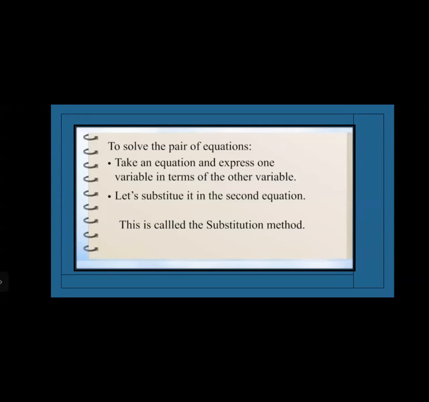So out of the two equations, you have to take any one equation and express one variable in terms of the other variable. That means out of the two equations, the first step is that you need to select any one equation, and then you have to check the coefficient.